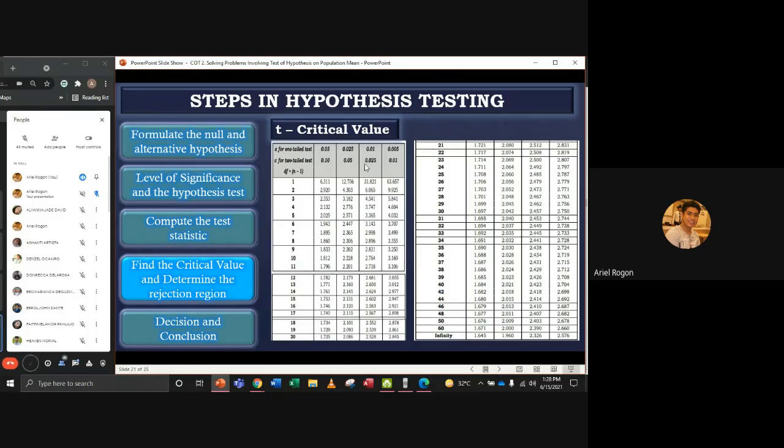And at the top of the table, we have one-tailed test and two-tailed test. Kaya nga kanina, napaka-importante na ma-identify nyo kung yan ay one-tailed test or two-tailed test, kasi magbabago yung sagot nyo kapag namali kayo ng tingin. Okay? So kapag T-test yung gagamitin natin, this is the table to find the t-critical value.